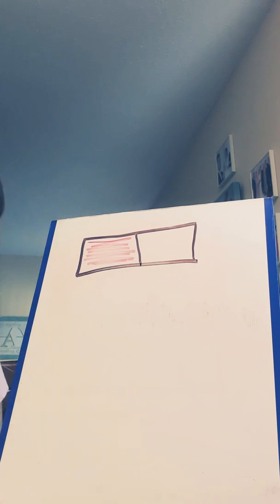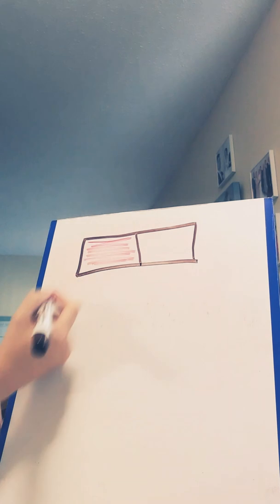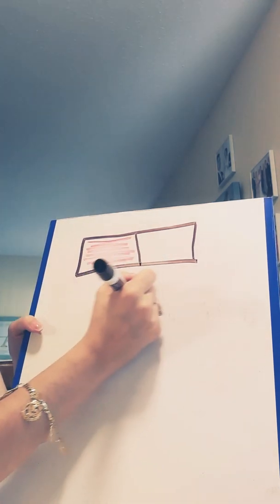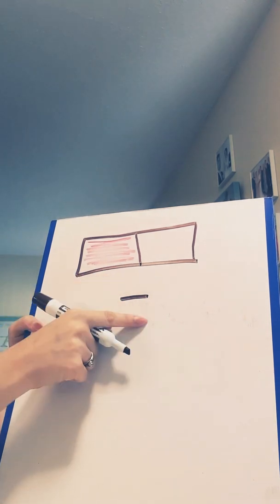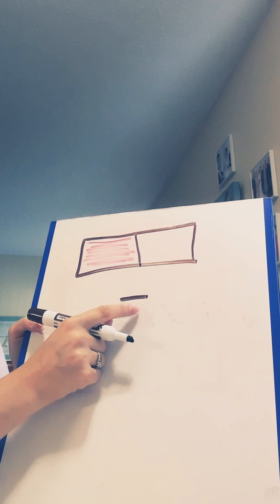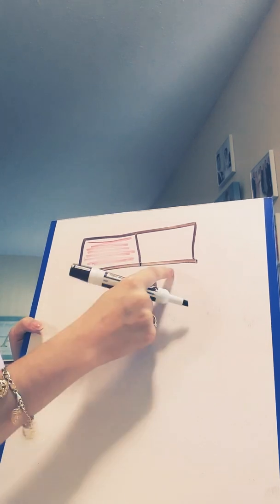Now, for those of you, I know some of my students already want to do fractions. So, this is the introduction to fractions. When you have a whole, how many equal parts do you have? You have 2. So, in a fraction, you have a number that goes at the top, a number that goes at the bottom. The bottom number is always the amount of equal parts that you have. I have 1, 2 equal parts.